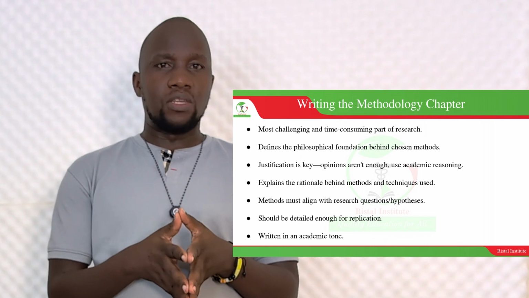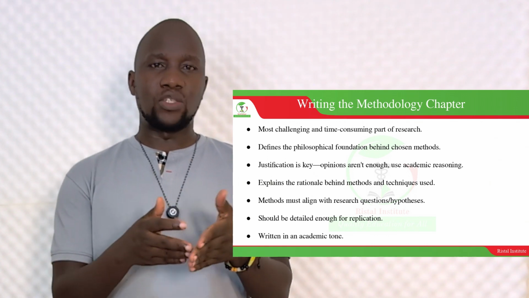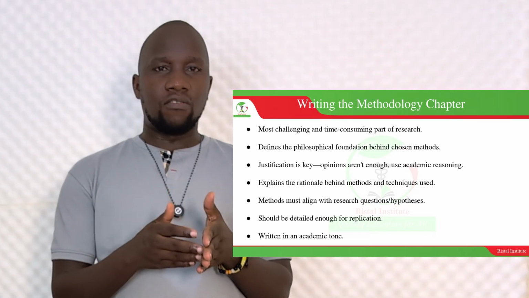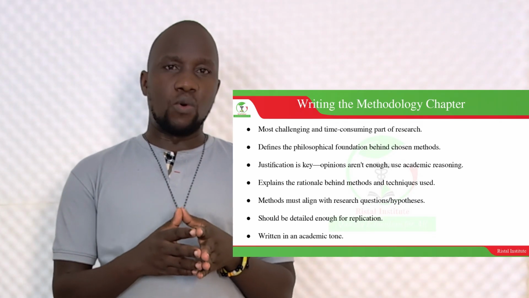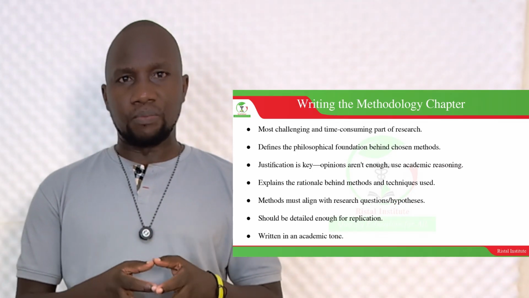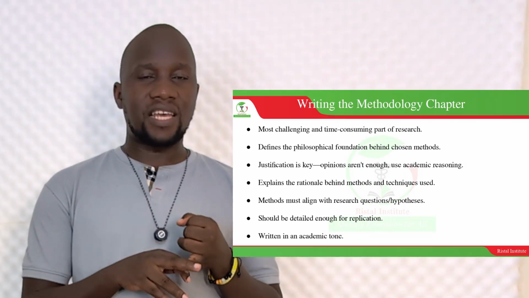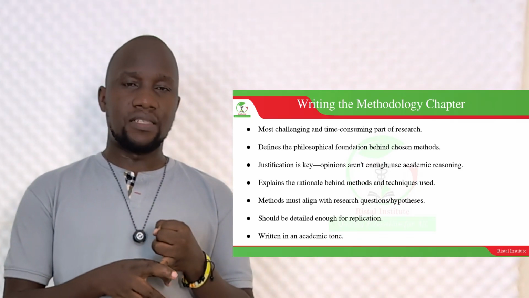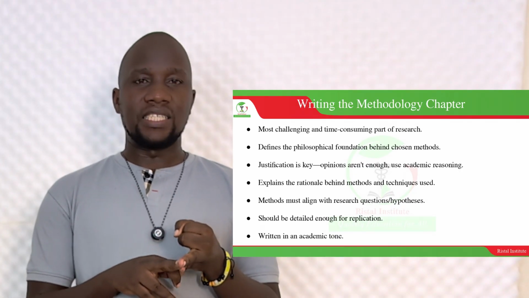So writing a research methodology is not about saying, I'm going to do this, I'm going to do that. You need to give the reasoning behind everything that you're going to do. Why? Because you have a lot of options to choose from. If we talk about research designs, we have several research design approaches. We have several ways of collecting data.